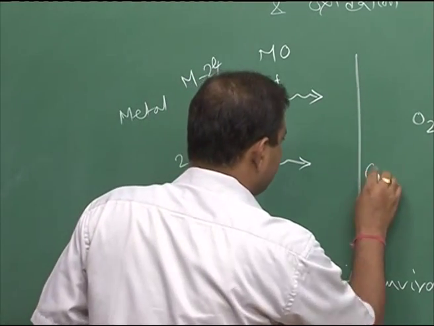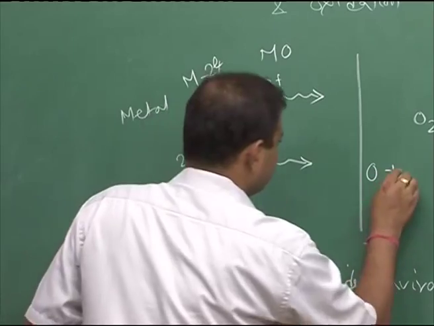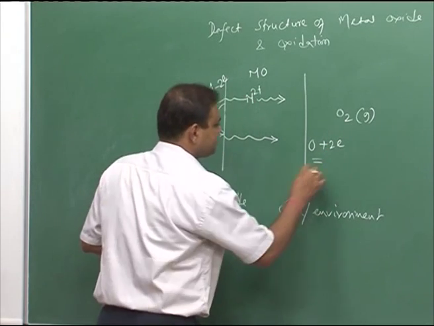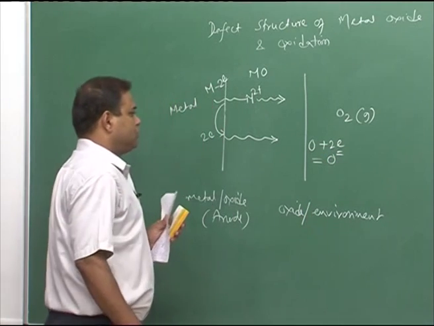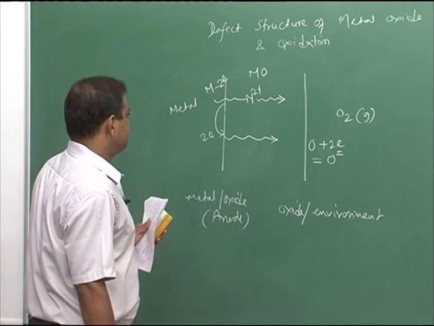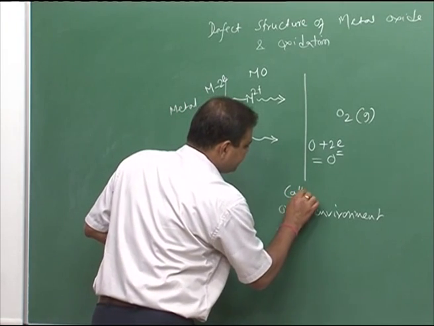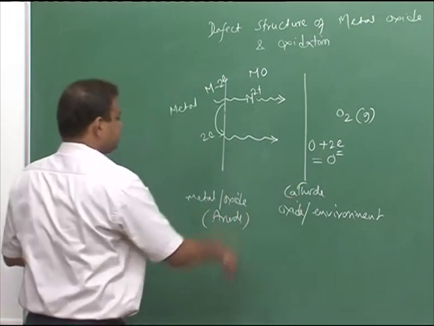And adsorbed oxygen will accept these 2 electrons, which is basically a reduction process, and go to O2-, and this is reduction. So, this is the cathodic side, this interface is cathode.